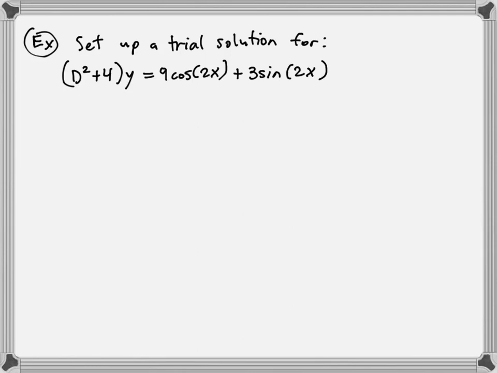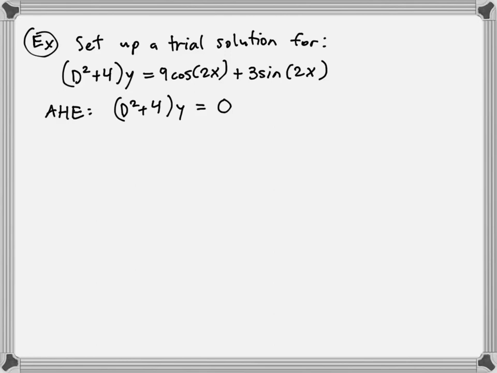This is going to be a little bit more complicated. So let's start by setting up the associated homogeneous equation, which is d squared plus 4 y equals 0.